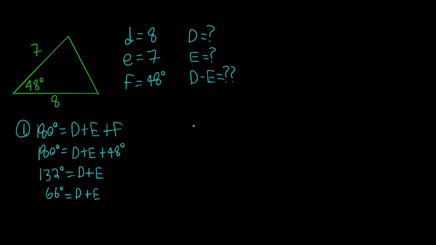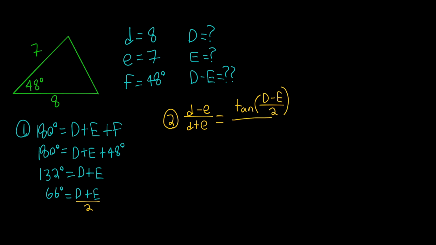Now, one thing that you might remember from tangent law is that we have right here that (D minus E) divided by (D plus E) is equal to the tangent of, sorry, that should be (D minus E) divided by 2 divided by the tangent of (D plus E) divided by 2.